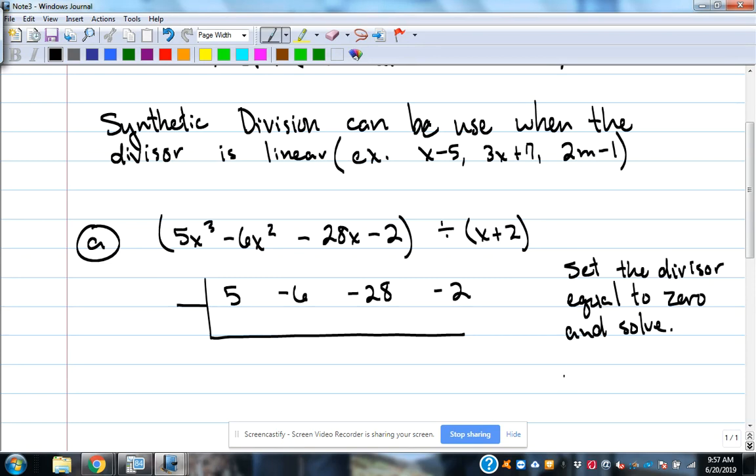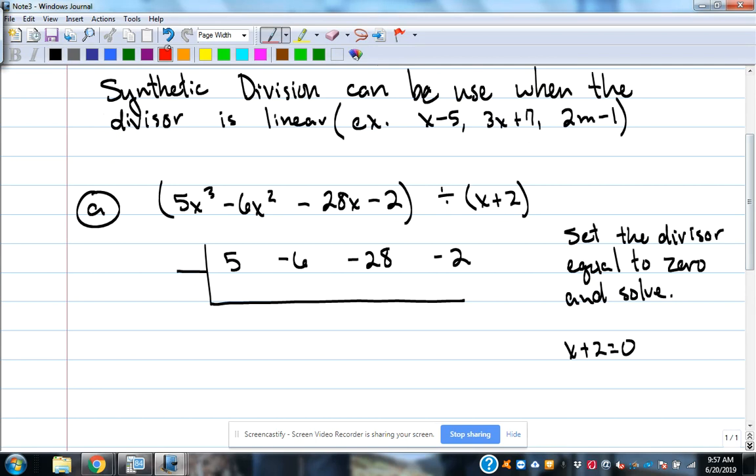In our case, we're setting x plus 2 equal to 0 and getting x by itself. -2 is what goes on the shelf up here. That's how you're going to get that shelf number.